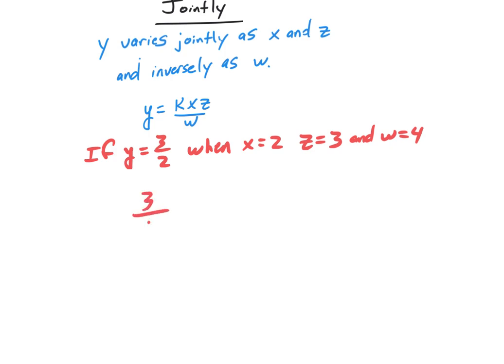So we're going to go 3/2, still don't know k, times 2, times 3, divided by 4. Okay, and you can do this a couple of different ways, but probably the best way is to get rid of that fraction first.